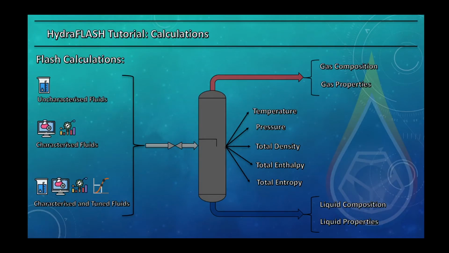So when you have learned how to create fluids, how to characterize them for wax or asphaltene calculations, and how to tune them, you can use those fluids to perform any calculations, either flash calculations, saturation properties calculations, hydrate prediction calculations, or any other calculations.